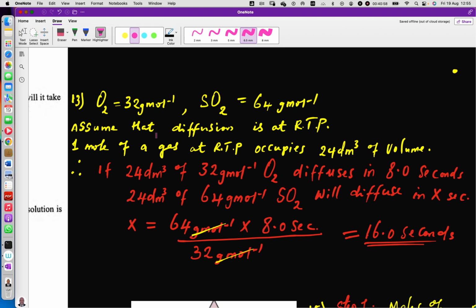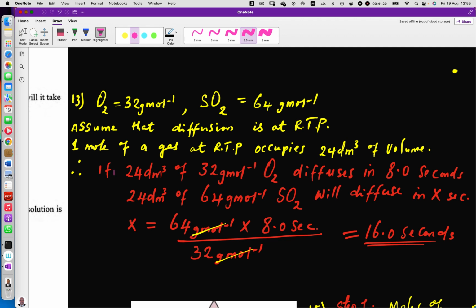If 1 mole of a gas at room temperature and pressure occupies 24 dm cubed of volume, we will say that all of them are 1 mole. A diatomic molecule of oxygen is 1 mole. This is also 1 mole. That's why we say 32 grams per mole, 64 grams per mole.